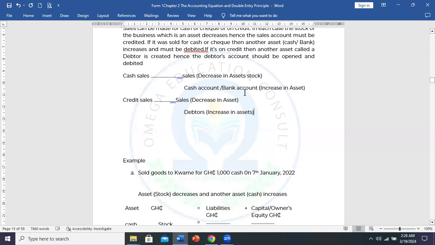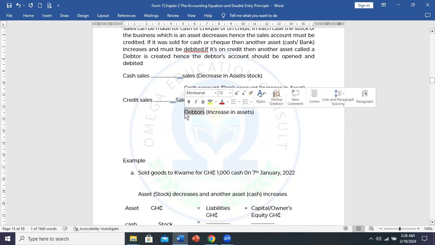It is an increment, because as I sell the books to them, if they pay me money, as a business, I'm receiving money, so my money will increase. That is why I'm showing here increase in asset, cash or bank. On the other hand, if I didn't collect the money, then those people I sold the books to will become my debtors. The customers I sold to will become my debtors.